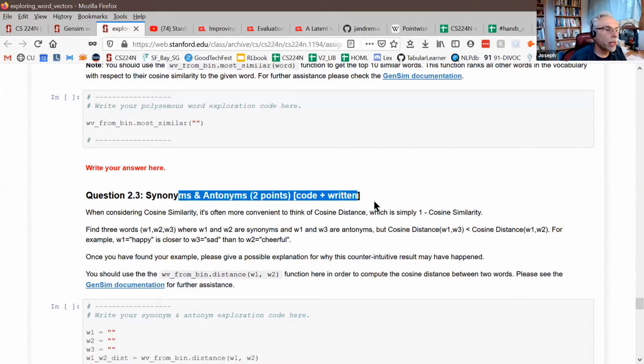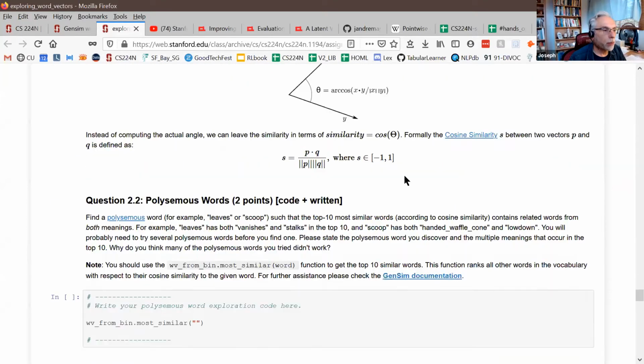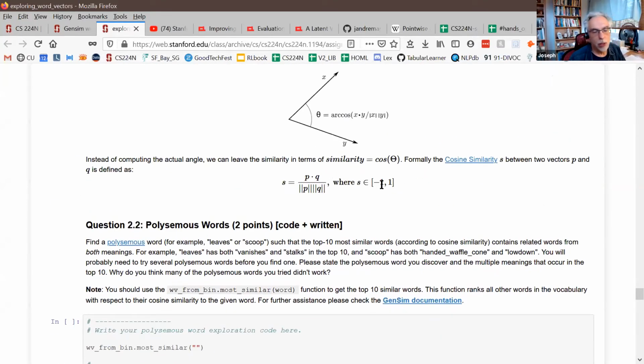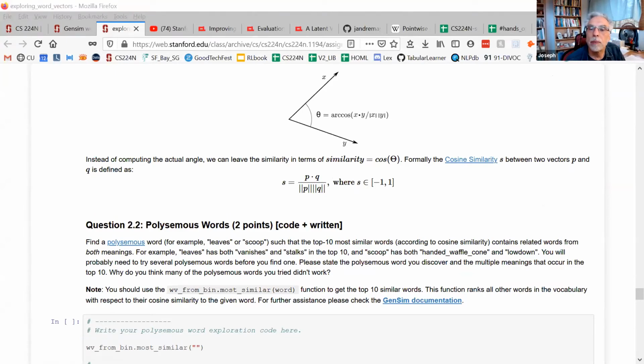Synonyms and antonyms. Synonyms would be words that have a distance close to 0 from the word. In other words, a cosine distance, 1 minus cosine theta. That's what I mean by cosine distance. Let me annotate a little bit. You will see this in the future. They talk about cosine similarity here, but what we ultimately use is called cosine distance.